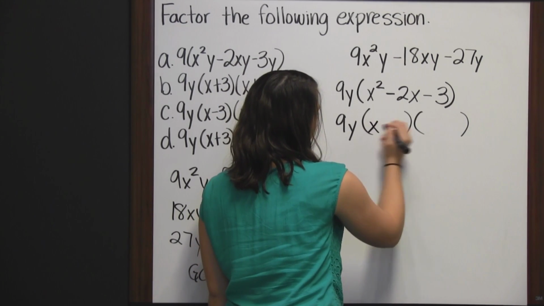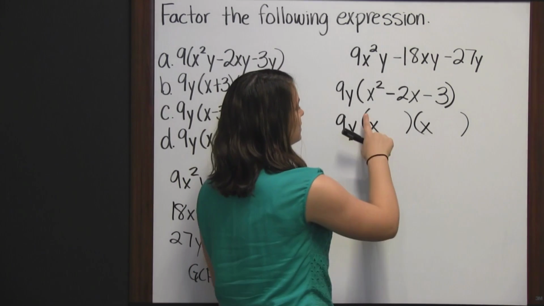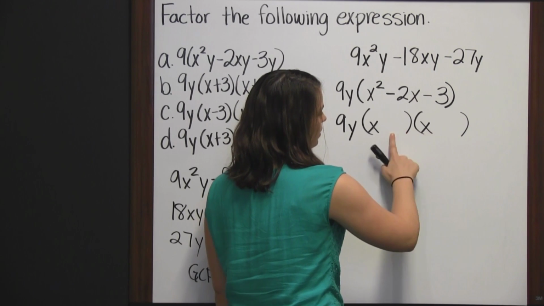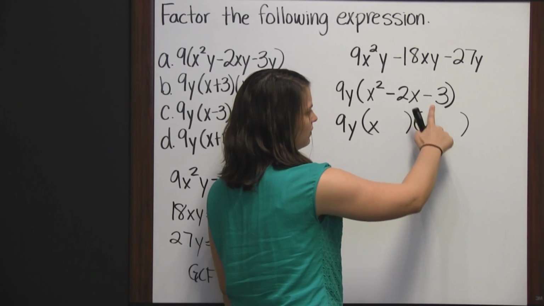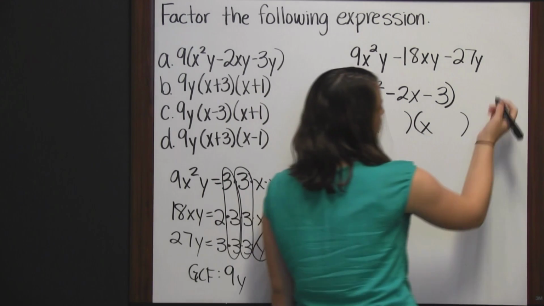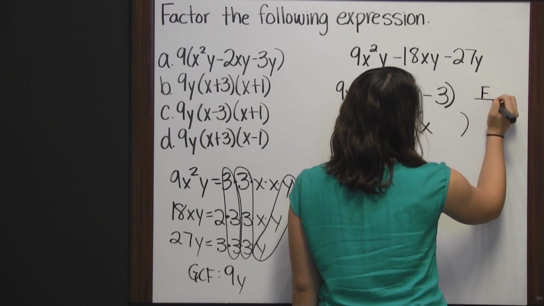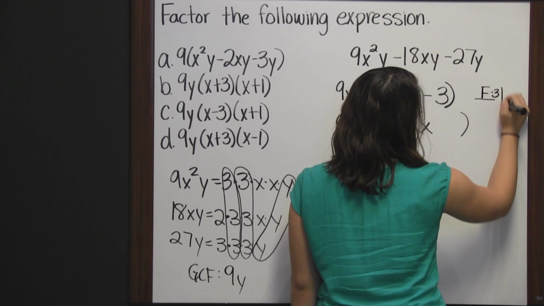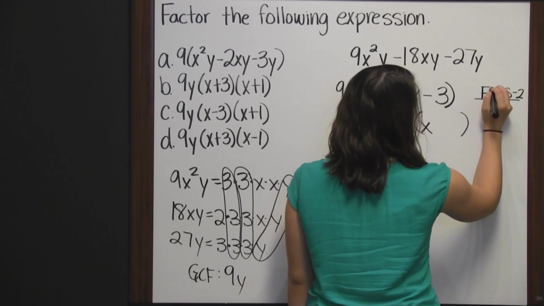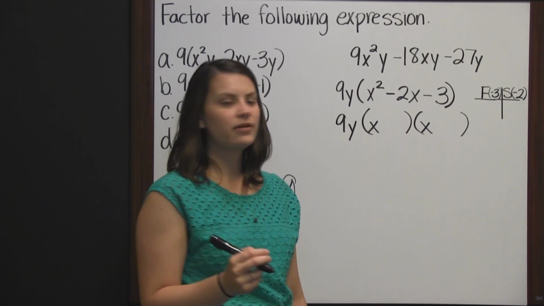Well, I know that I'm going to have x and x as my first term in each set of parentheses, because x times x is x squared. Now the numbers that go here have to multiply to give me -3 and add to give me -2. So we need the factors of -3 that have a sum of -2.